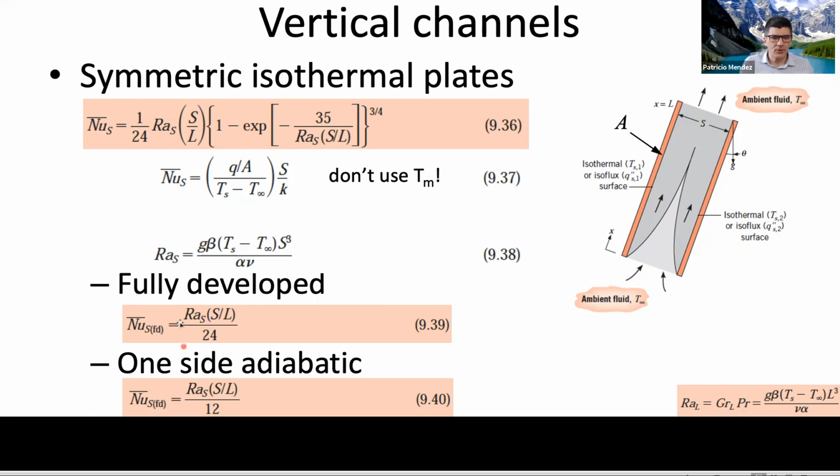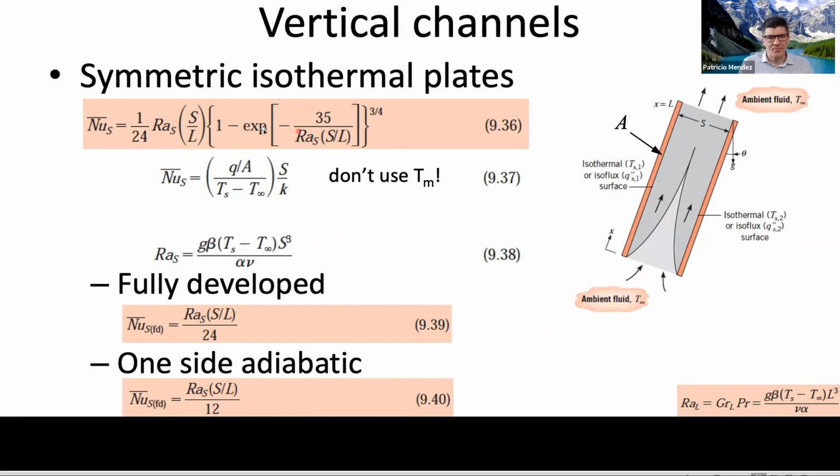This is when we have fully developed flow and both plates are hot. When only one plate is hot and the other is adiabatic, meaning insulated, the Nusselt number would be half of that. Of course, that makes sense because we have only one plate. So far, these two are easy to calculate, even easy to make sense of.